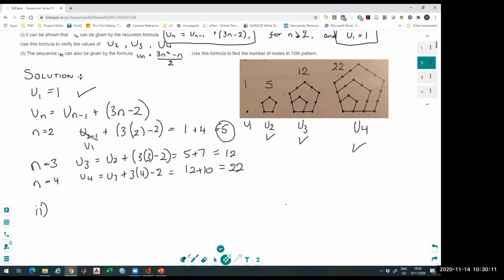The sequence u of n can also be given by the formula u of n is equal to 3n squared minus n, all over 2. Use this formula to find the number of nodes in the 10th pattern. So they've given us another way of writing the formula for the sequence.